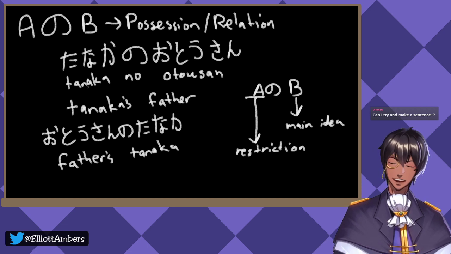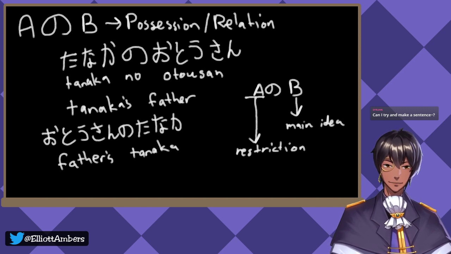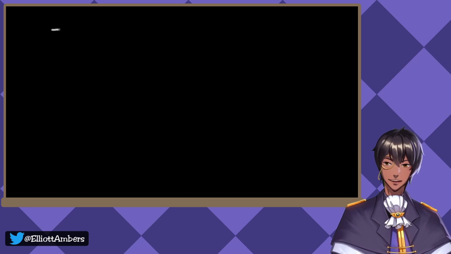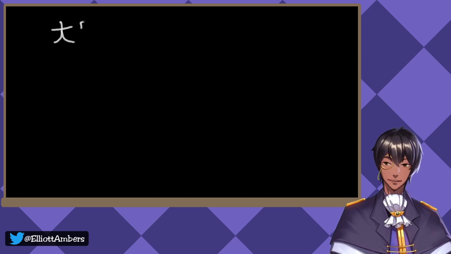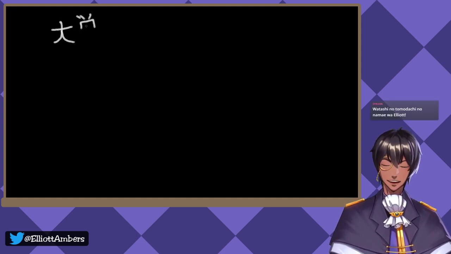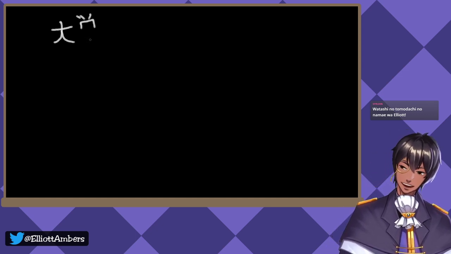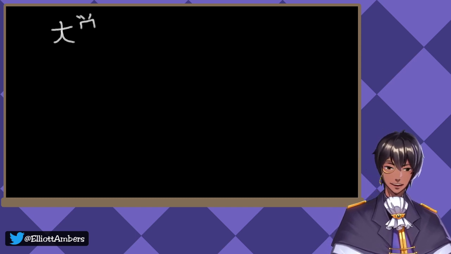Let's look at some other examples of this. In some cases it doesn't sound particularly weird, but it's important to see the idea behind the ordering. You can try to make a sentence. While I write this out, you can also write your own. Watashi no tomodachi no namae wa Erio. Right. So the name of my friend, considering you use two no's, it's saying the name is the main point. Actually, I want to write that one out.